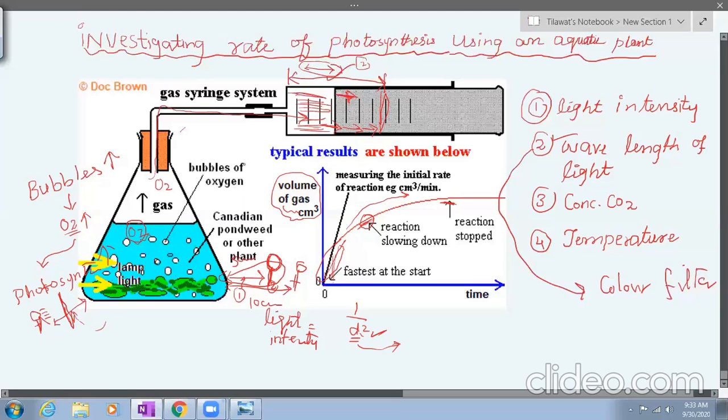Another one we have is concentration of carbon dioxide. We can increase or decrease the concentration of carbon dioxide. How? Let's see.